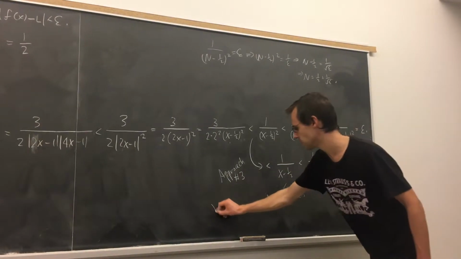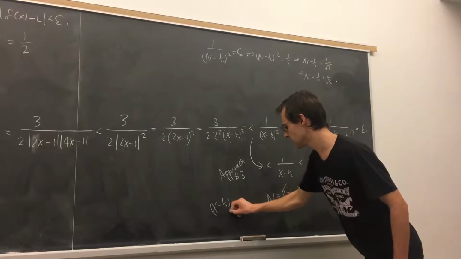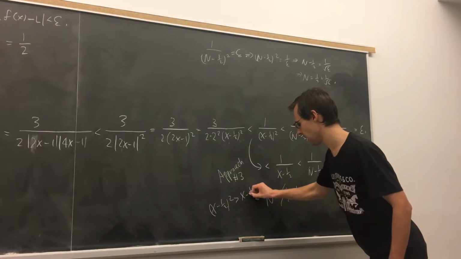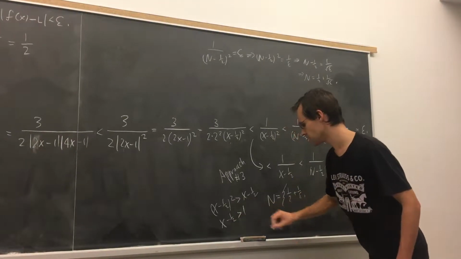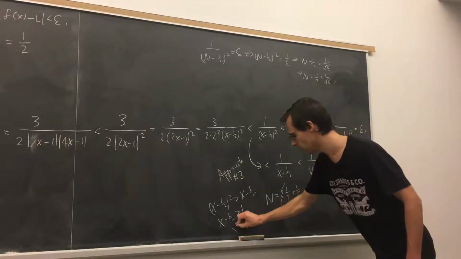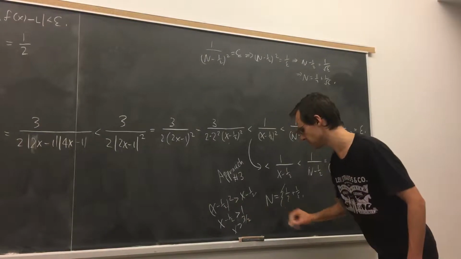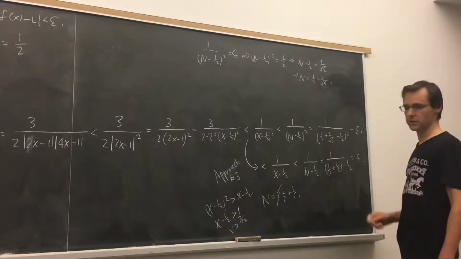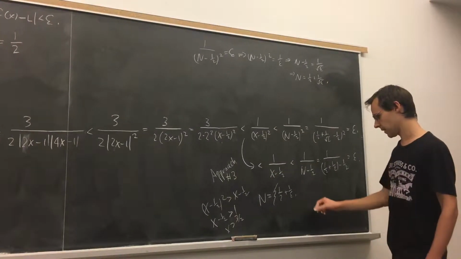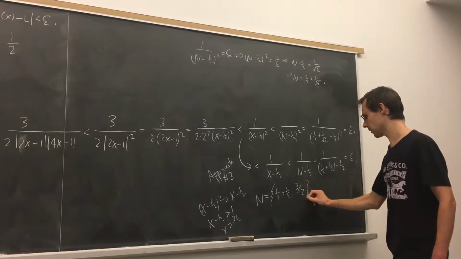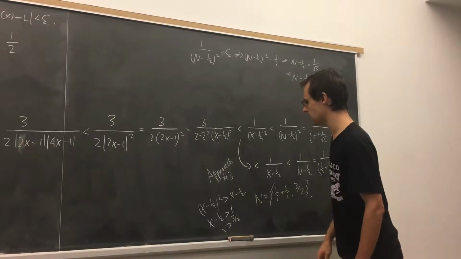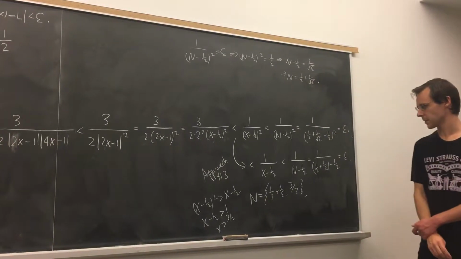So at this step, we'd need x minus a half squared larger than x minus a half, or x minus a half larger than 1, or x greater than 3 over 2. So in fact, if we were to do this route, we'd have to also specify that n is at least 3 over 2. Okay? So there's yet another approach to proving this limit.